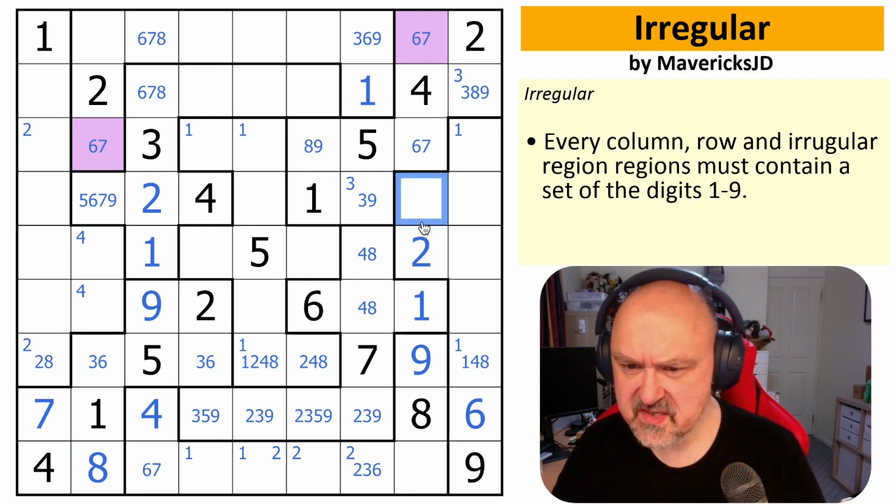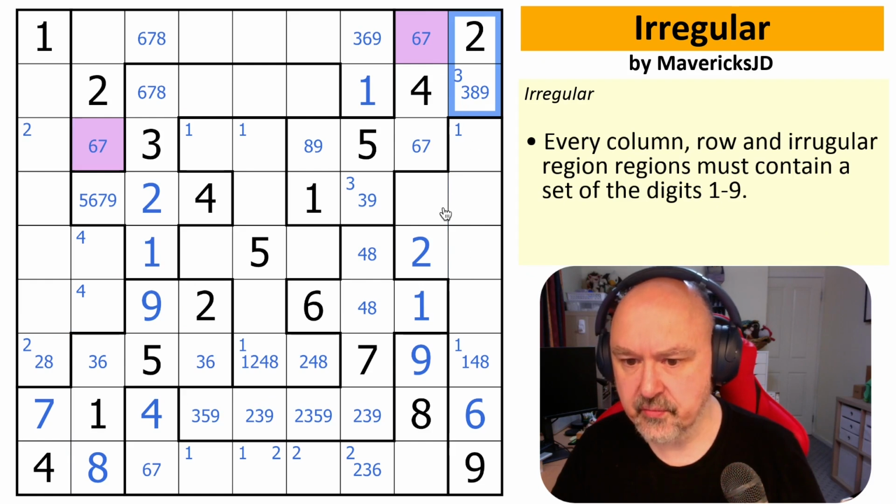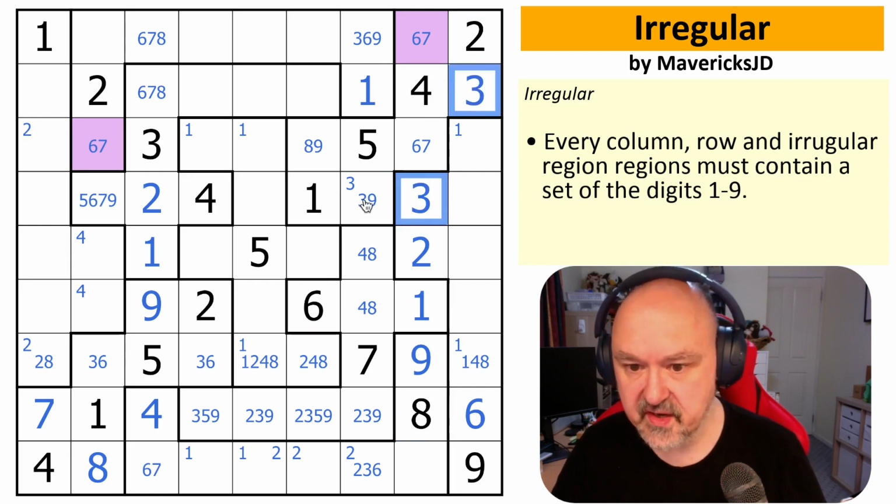Can I do something similar? Like that and that are the same digit. So this is 3, 8, or 9, and it can't be... Hang on, that's correct, right? Because these two digits are those two digits because of the way the regions work. Now, these are all the same. If I don't put those there, where am I going to put them? So this now has to be 3, 8, or 9, and it can't be 8 or 9. Those two digits right there are 3s.